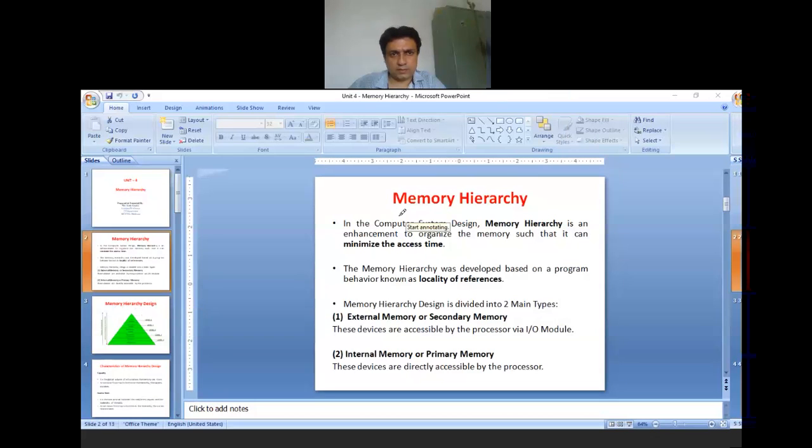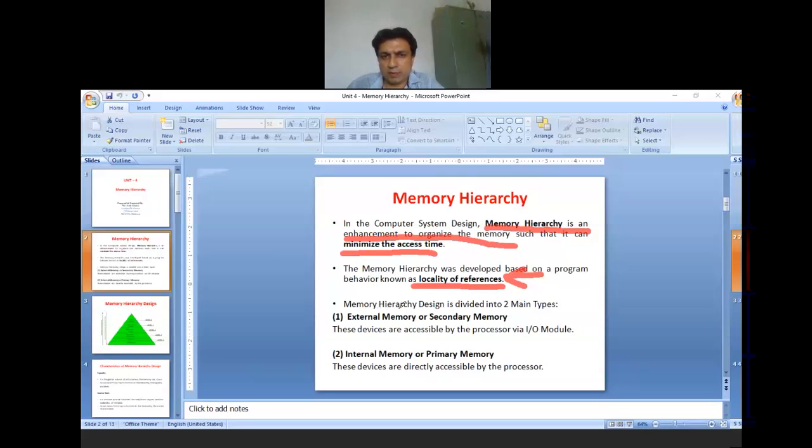In computer system design, memory hierarchy is an enhancement to organize the memory such that it can minimize the access time. The memory hierarchy was developed based on a program behavior known as locality of references. This is the major factor on which memory hierarchy is built.